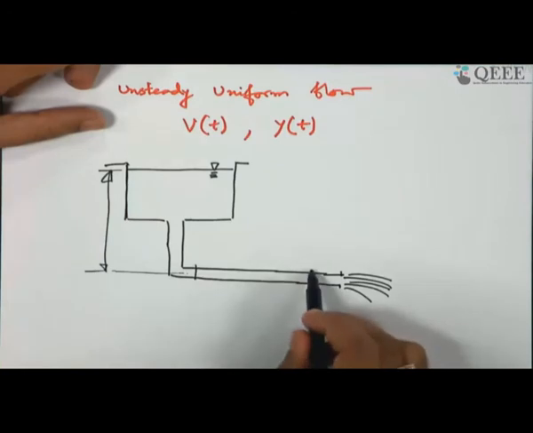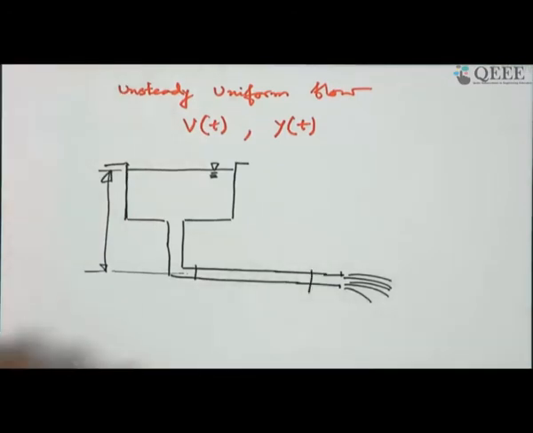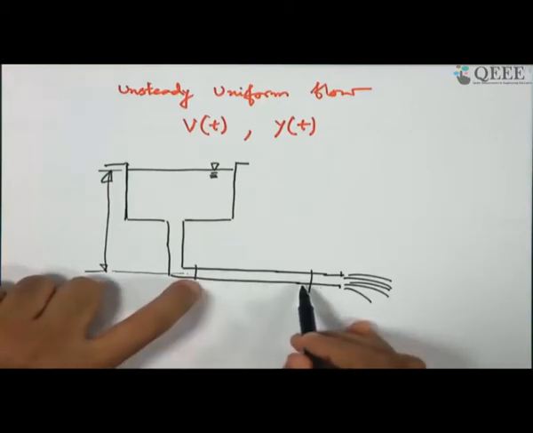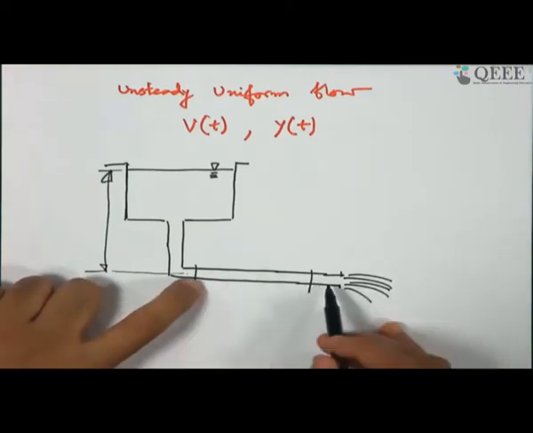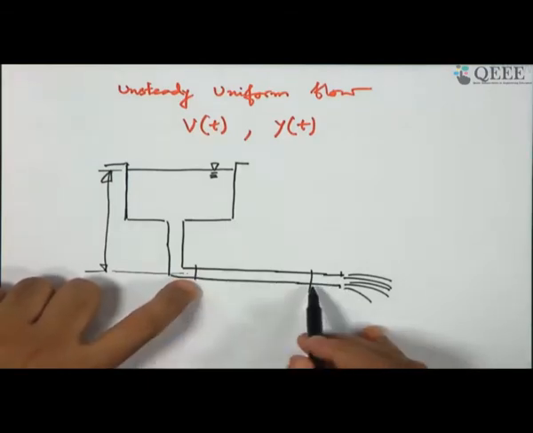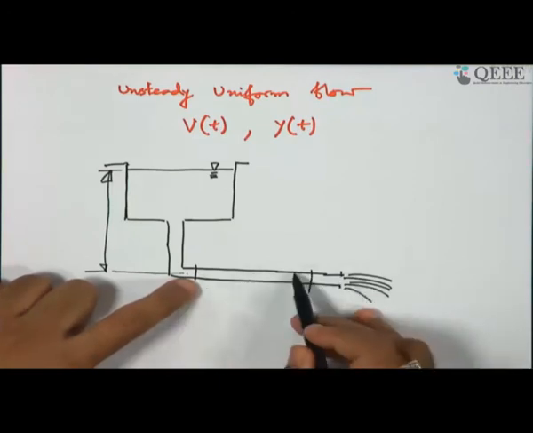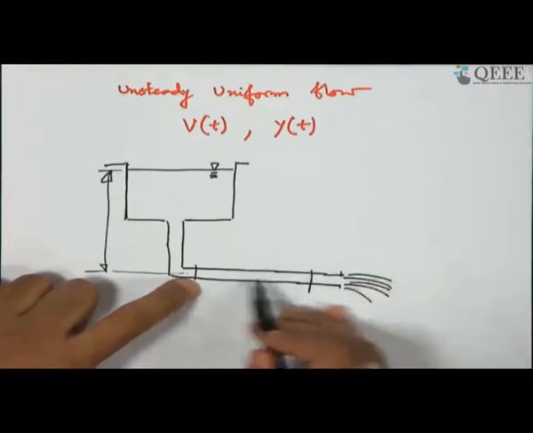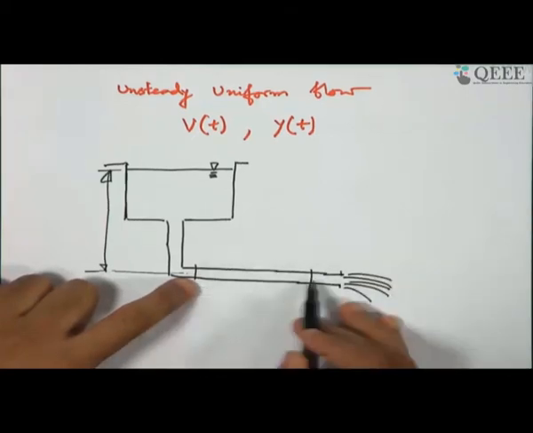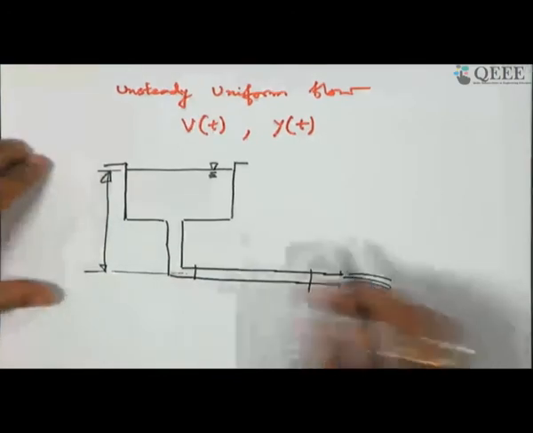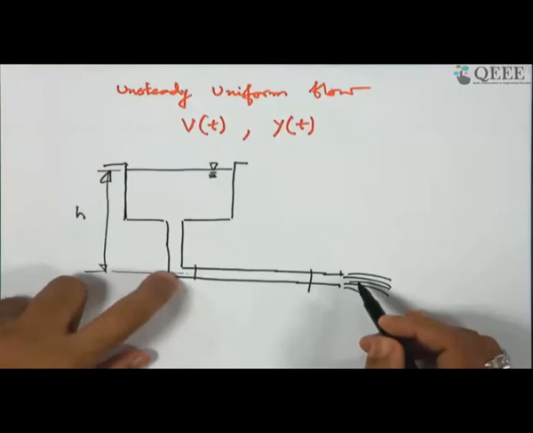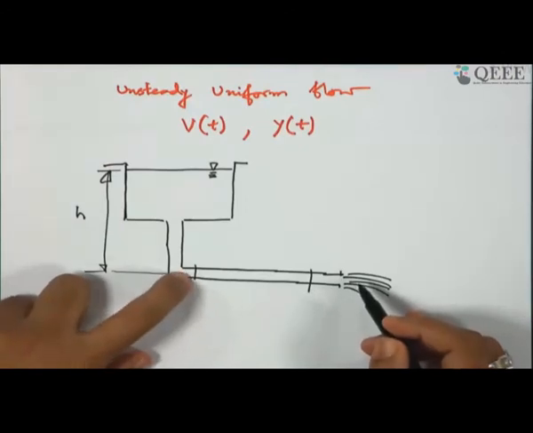So, flow in this part of the pipe, we can consider this as unsteady, but within this section length there will be no change in fluid velocity with space, because if there is reduction in this height, obviously velocity will reduce in this case.